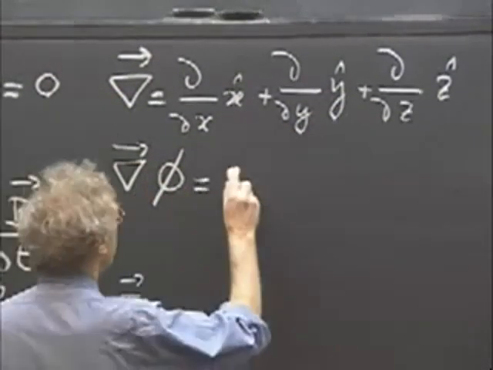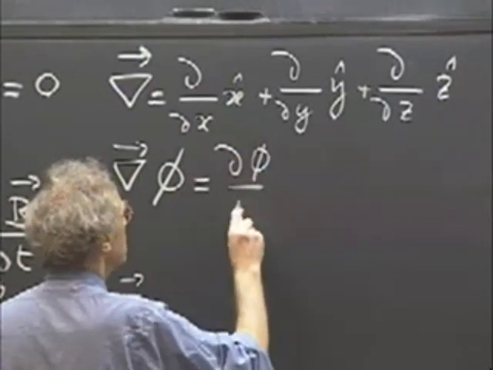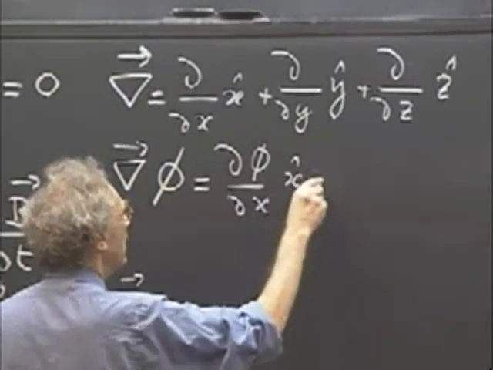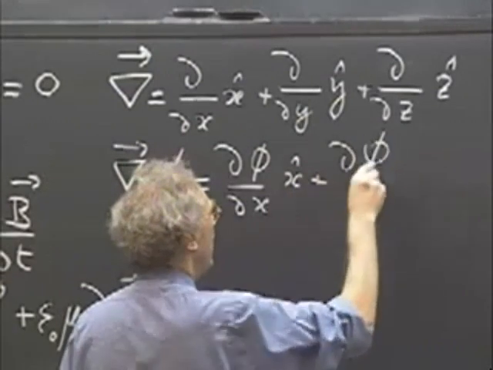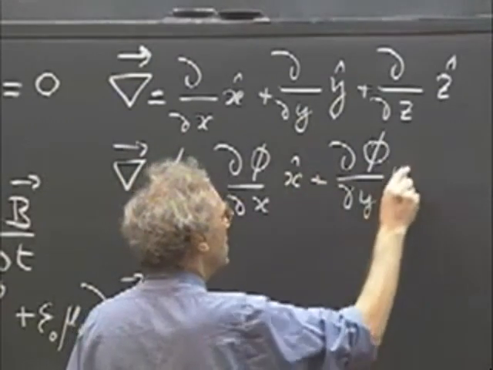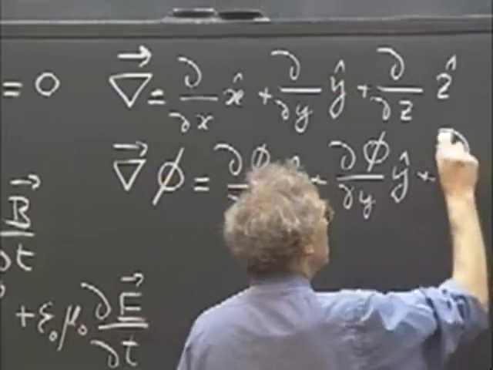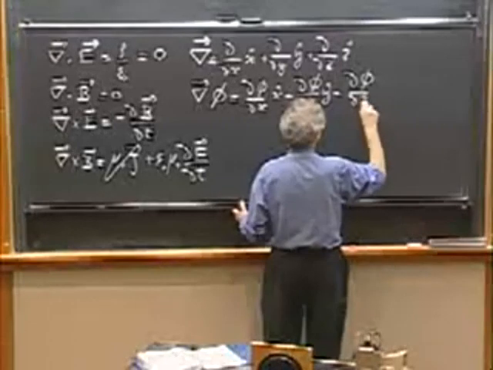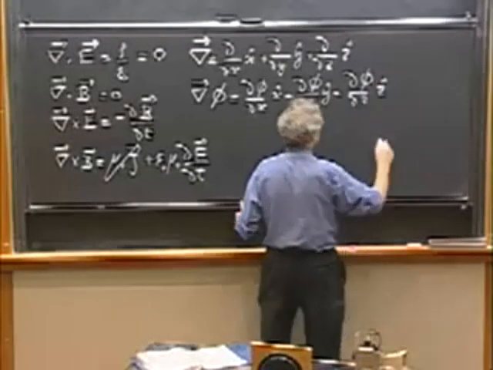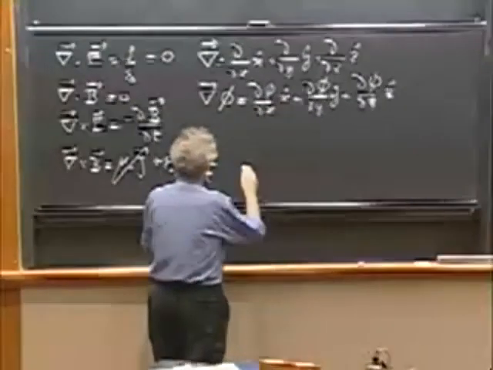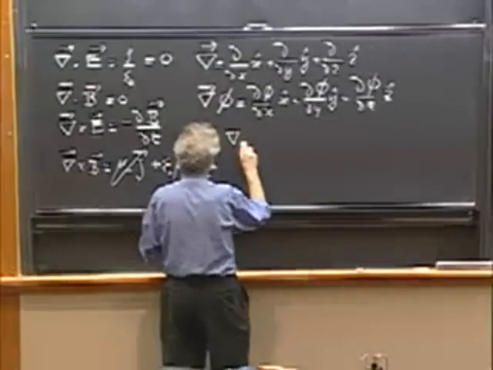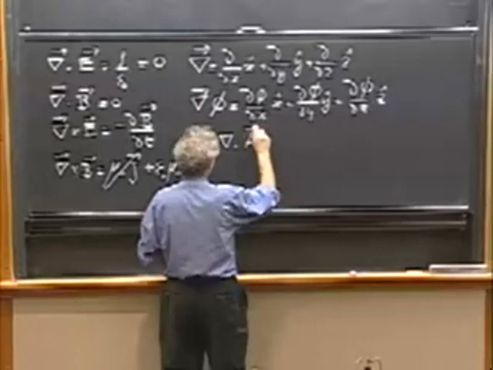That's a vector: d phi/dx x-hat, plus d phi/dy y-hat, plus d phi/dz z-hat. And then we have the divergence of a vector A.